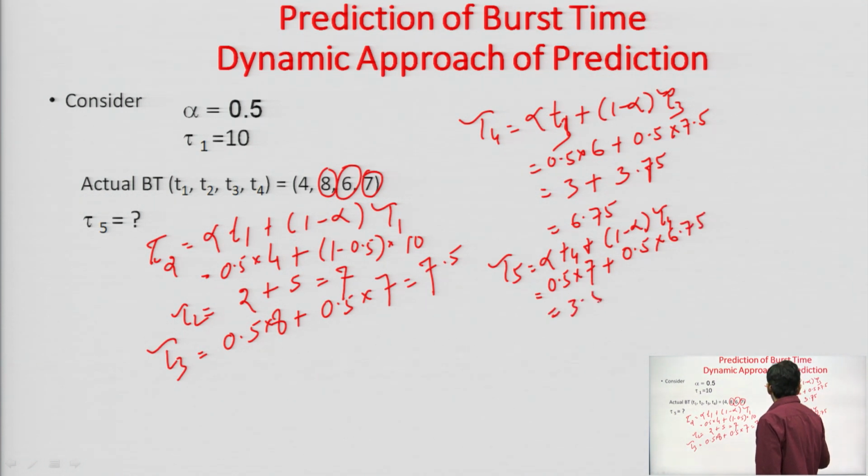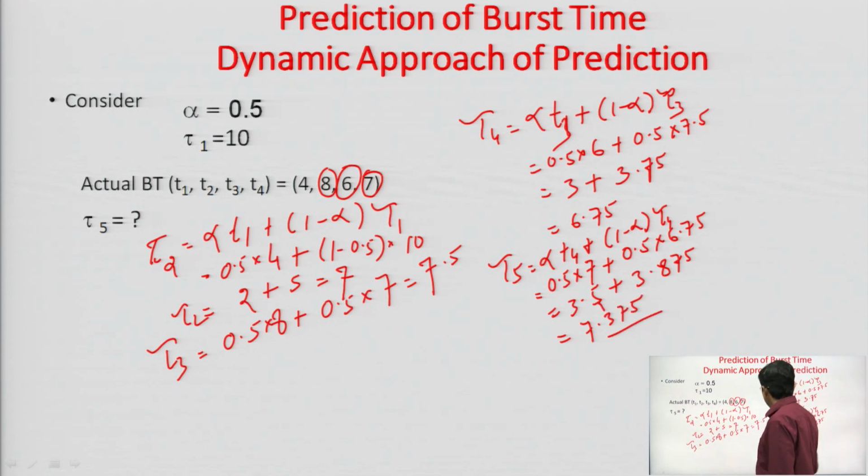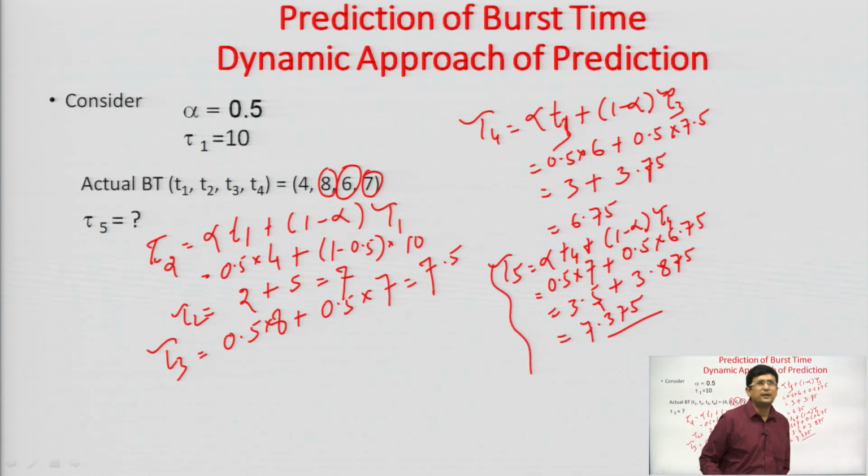So, this is 3.5 plus 3.375 perhaps. I may be mistaken, you should be clear with your computations. So, this will be equal to 6.875. I might have made some mistake in the computation of the last step, you should correct it by yourself.